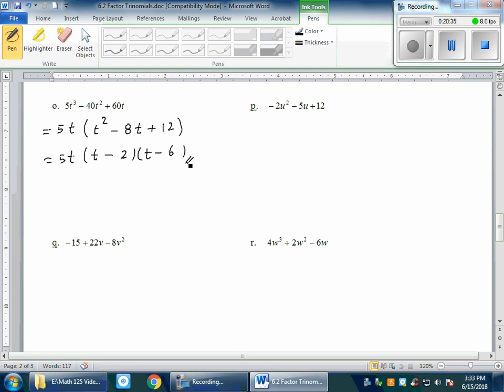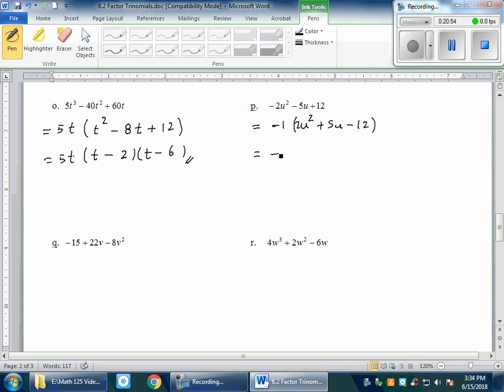Whenever we factor a trinomial, we want our leading coefficient to be positive. So in this case, I will factor out a negative 1. So this will be left with 2u squared plus 5u minus 12.